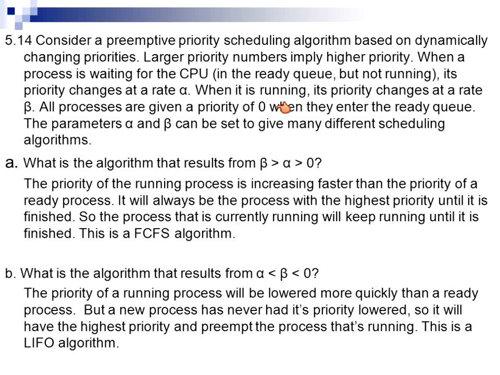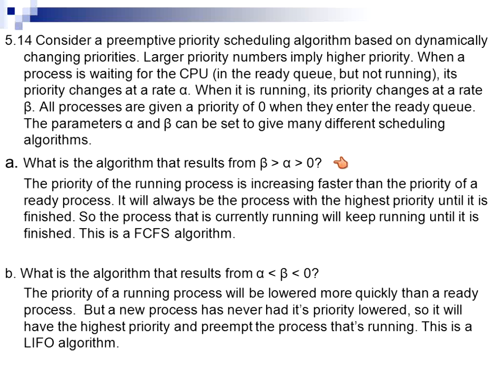So what this tells me is that the priority of a process that's running is greater than the change in the priority of a ready process. So that means that something that's running, its priority is going to keep going up, up, up at a faster rate than the processes that are sitting in the ready queue. Okay, and they're greater than 0.